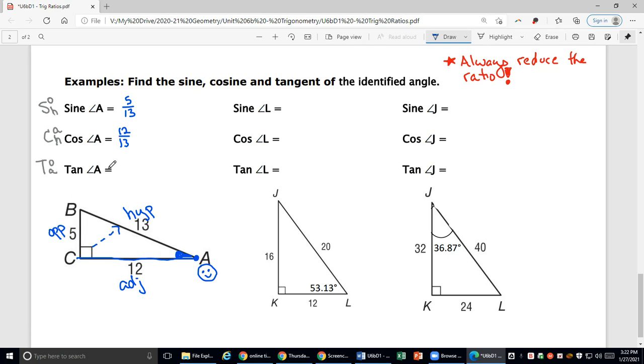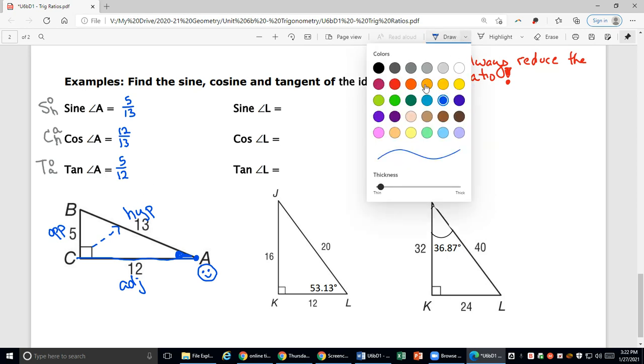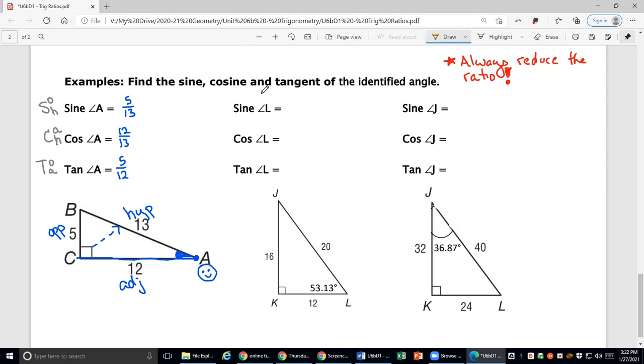My opposite is 5. My adjacent is 12. There's nothing that goes into both 5 and 12, so that is completely reduced. Those are my 3 ratios for the sine of angle A, the cosine of angle A, and the tangent of angle A. Okay, let's go look at the next one, where we're going to look for the sine, the cosine, and tangent of angle L.